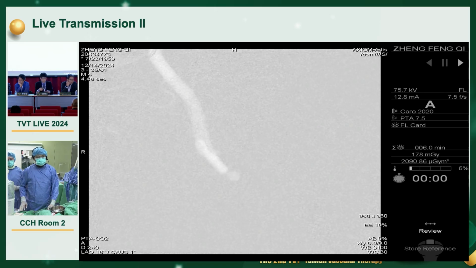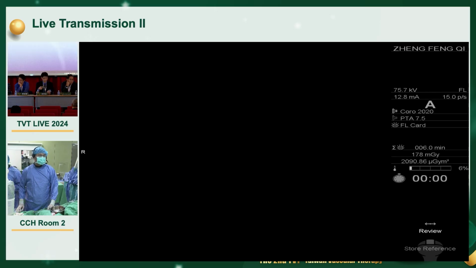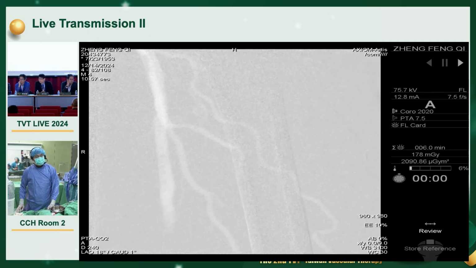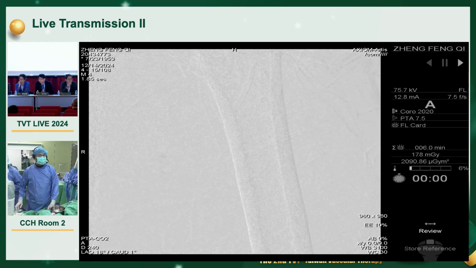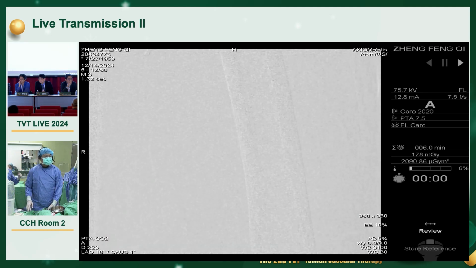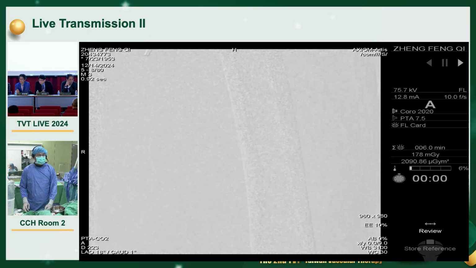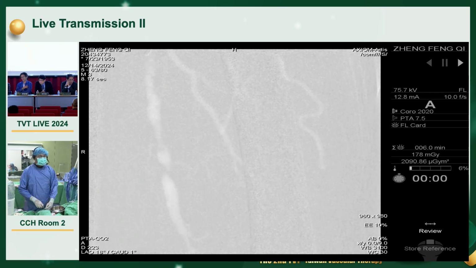And the next one. For the better image quality, we selected the catheter to the middle SFA, and we can see the actually is nearly total lesion.